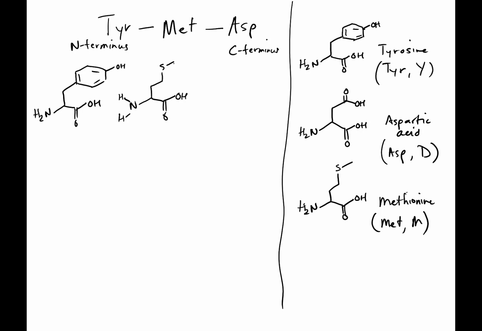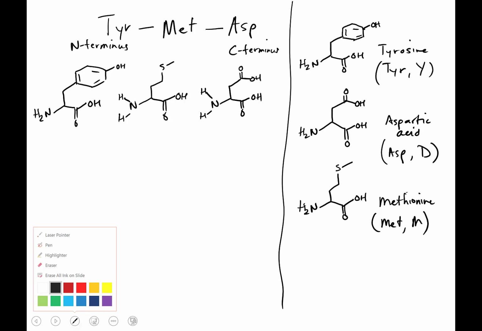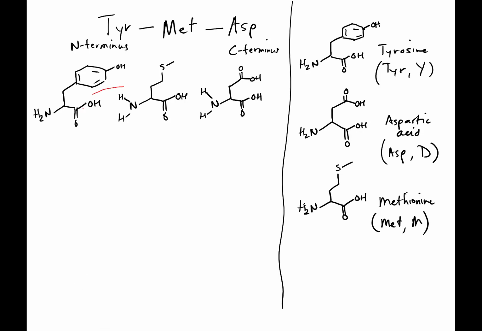CH2, CH2S, CH3, yeah. Okay, so there's methionine. And aspartic acid was the other one, right? CH2, carboxyl group, C-terminal end. So then we say, okay, let's circle a water molecule, bring it together right there, circle a water molecule, bring it together right there, and let's draw the whole thing.